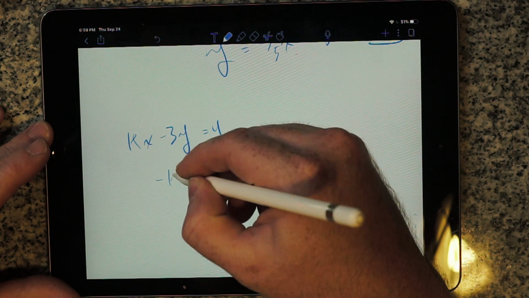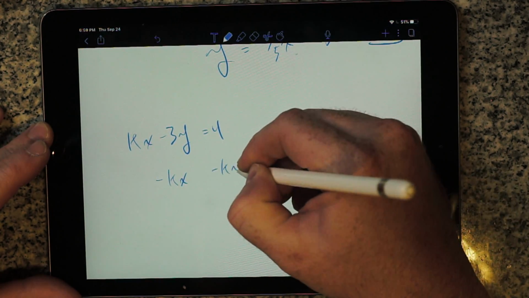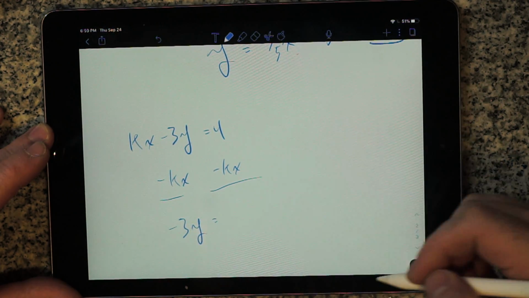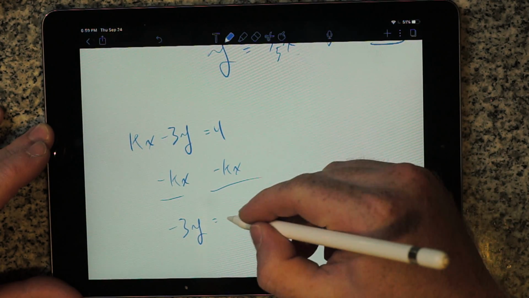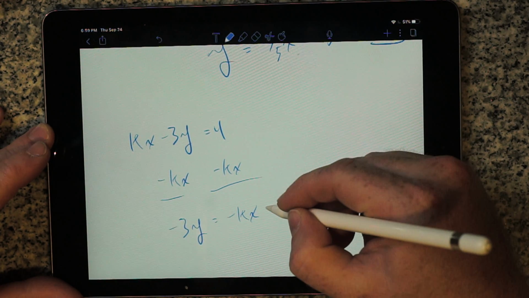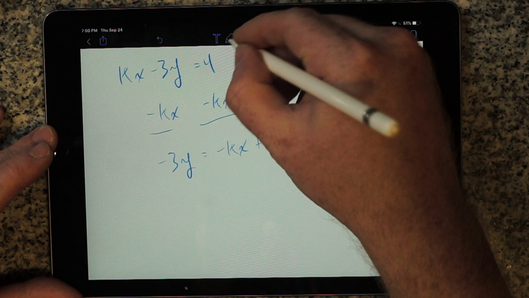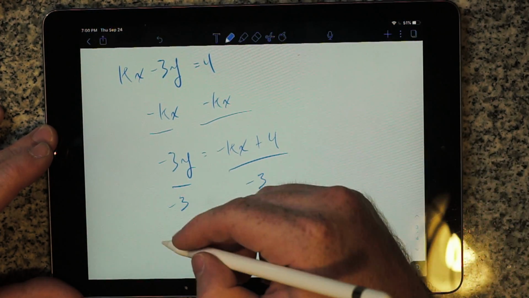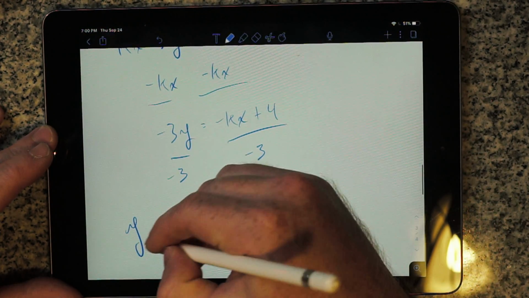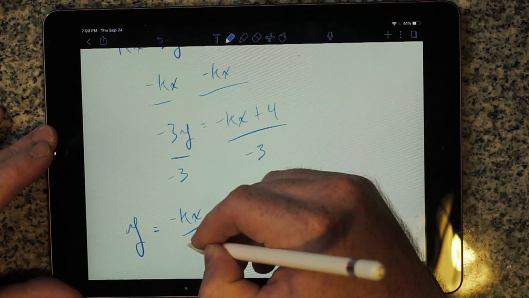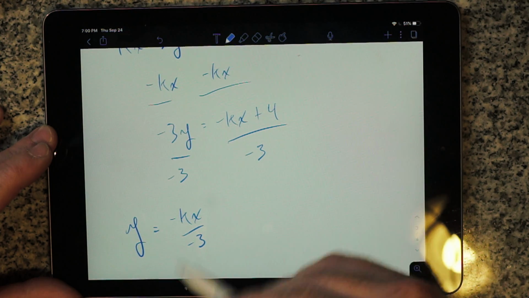So we'll subtract kx from both sides, and we'll get negative 3y equals negative kx plus 4. I'm going to leave this in slope-intercept form again to keep everything recognizable. Divide that all by negative 3, and we end up with y equals negative kx over negative 3. I'm going to leave all the signs here.